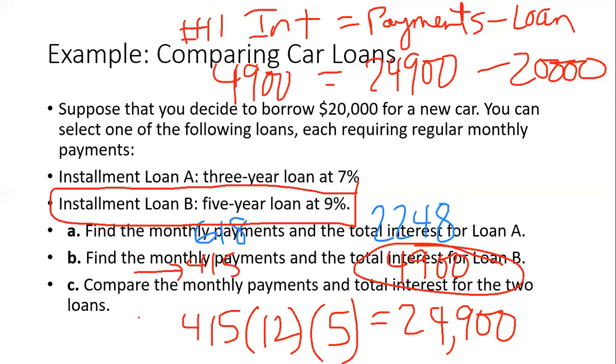If you can afford the 618, then you're going to save yourself $2,652 by paying more upfront so that you have lower interest rate for less amount of time. Okay.